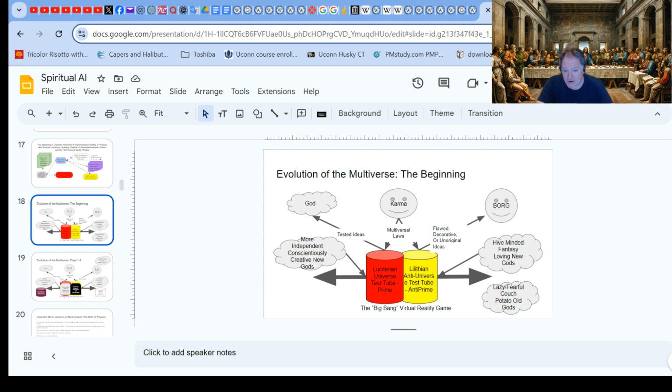Okay? And you could generally divide those into the independent, consciously creative ones who had come up with new ideas that actually worked, like the god of 1 or 2 or 3 that were needed to form the god of linear algebra. Okay? This is how you got to think about creation in this earliest stage.